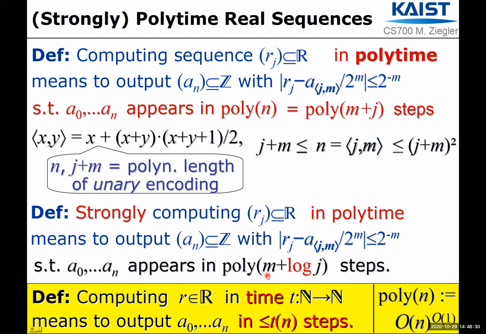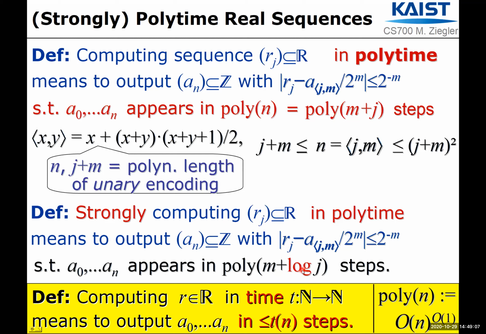The difference, of course, becomes significant whenever we deal with entries that have large indices, entries in the sequence that are far off. For example, if we consider an entry with an exponentially large index, then in the first case we get a lot of time to compute it, because j is exponential.